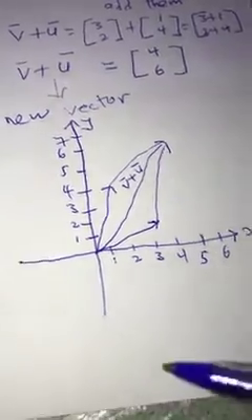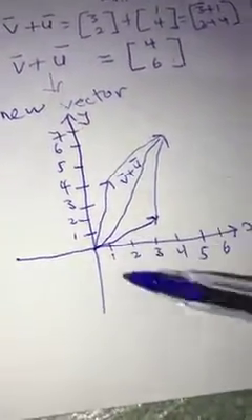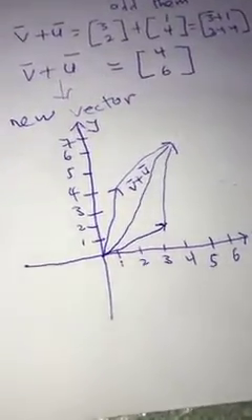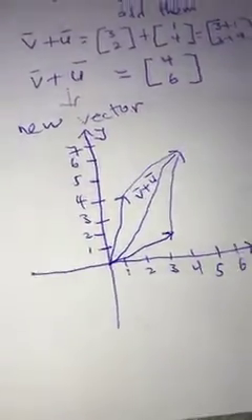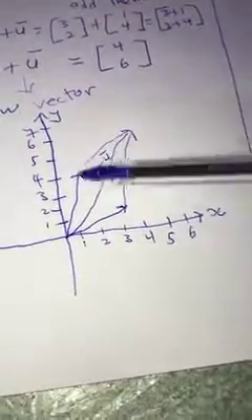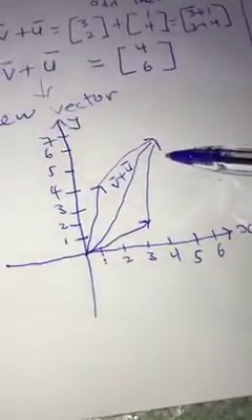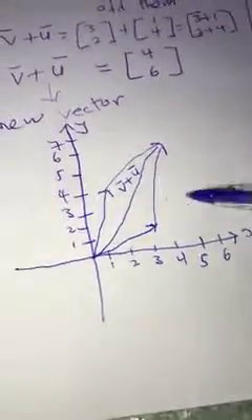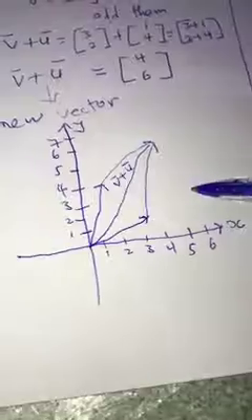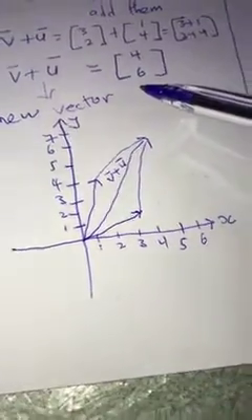So anytime you are asked to plot on the graph vectors or the addition of vectors, know what to do. Alright, and now look at something. I hope you remember that whatever we are doing is on the 2-dimension scale. Do you understand? We'll talk about the 3 dimensions later. So I hope you understand.